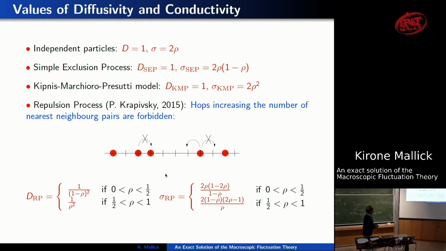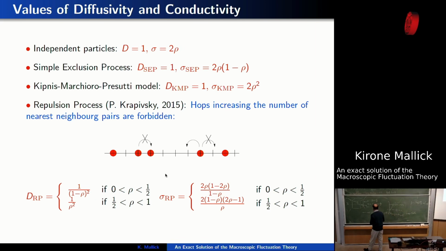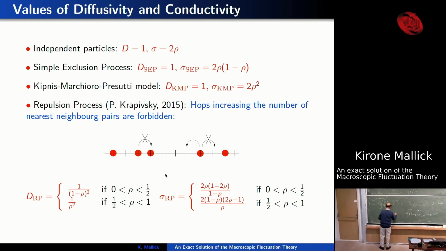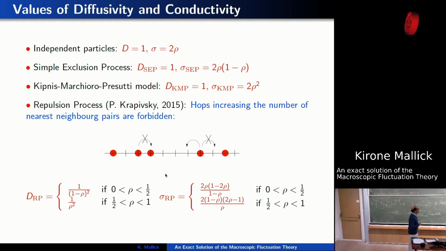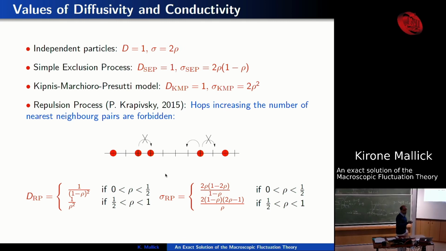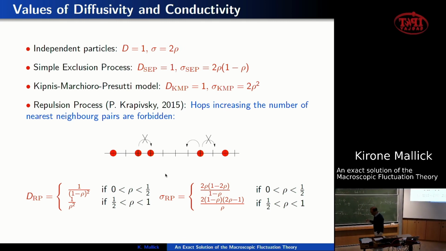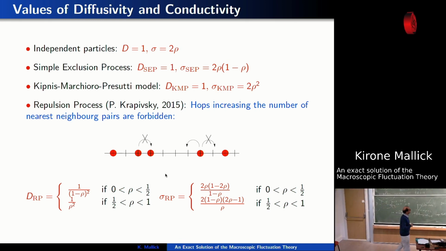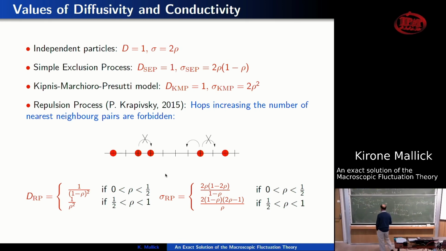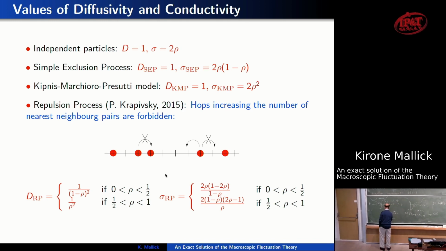If you take the simple exclusion process, which I'm going to talk a lot about, now you have hardcore interaction, so you don't allow a site to be doubly occupied. So a particle cannot jump to a site which is already occupied. Then D is 1 and sigma is 2 rho (1 minus rho). There is a model of heat and energy transport, which is known as the Kipnis-Marchioro-Presutti model, again on a lattice, but you don't have particles.